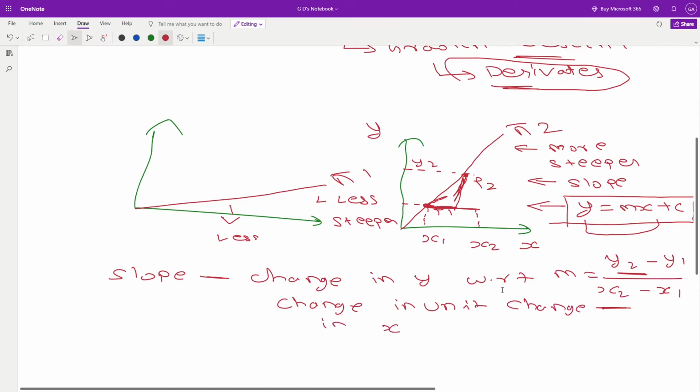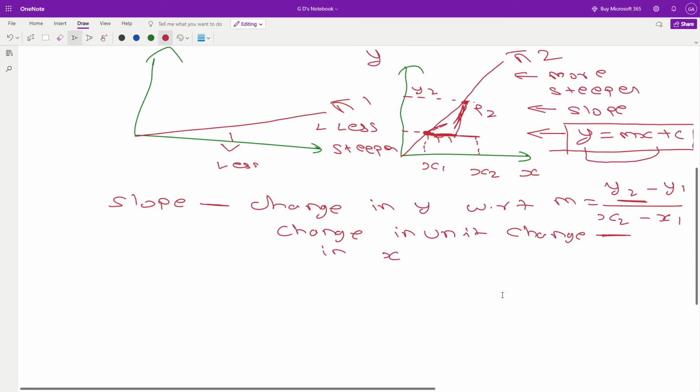So when I say unit change in x, what do I mean by that? If your x is changing from 1 to 2, there's a unit change, let's assume. How exactly is your y changing? That is what you're trying to find out in the slope of a line in general mathematics.